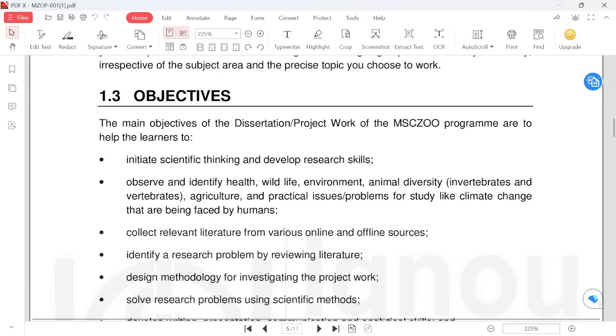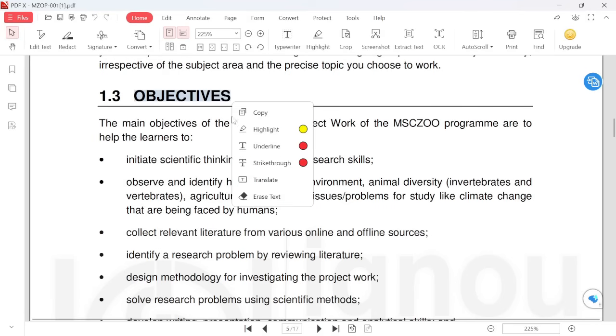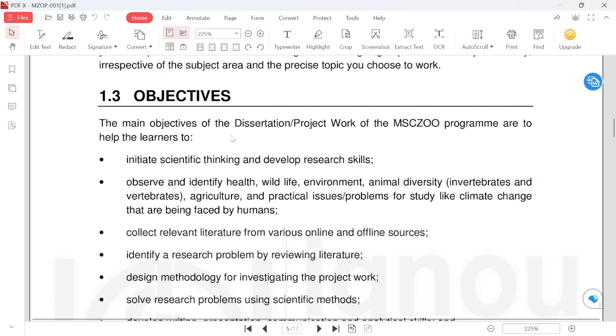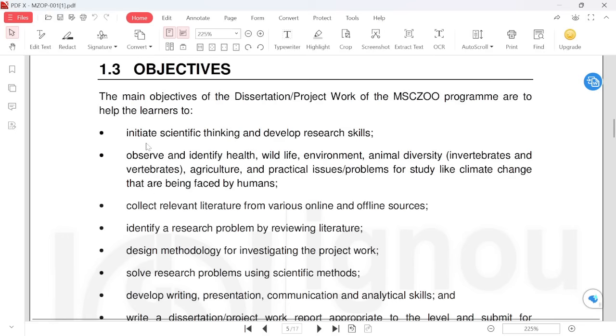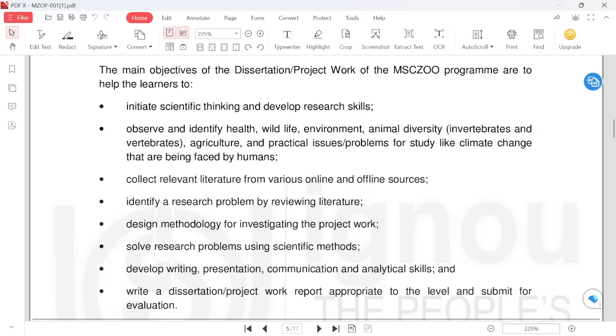So let's talk about the objectives of this project. The main objectives of the dissertation project work of the MSc Zoology program are to help the learners initiate scientific thinking and develop research skills, observe and identify health, wildlife, environment, animal diversity, agriculture, practical issues, problems for study like climate change that are being faced by humans.